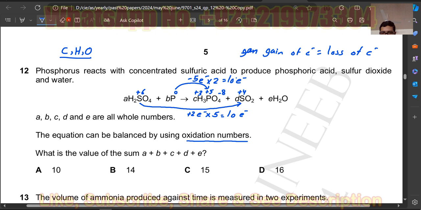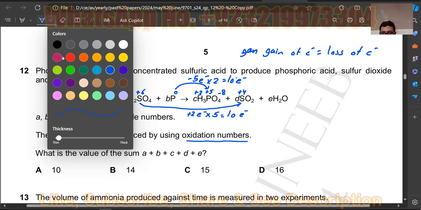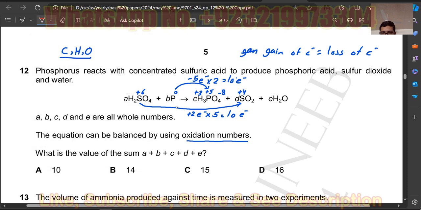Okay, now as I have checked the values which need to be multiplied, I have to multiply the same values with the species or with the substances for which I have found the value. What I mean to say is that if 5 is being multiplied with the electrons, then this 5 should be multiplied with the sulfuric acid here, and it should also be multiplied with sulfur dioxide here.